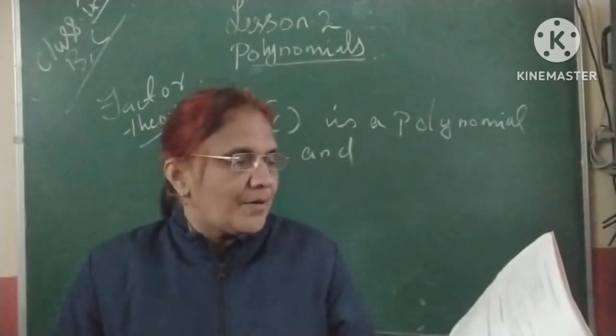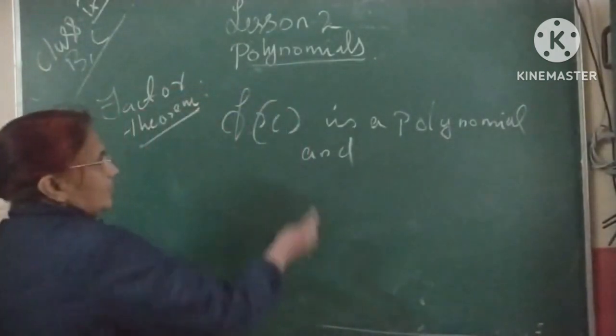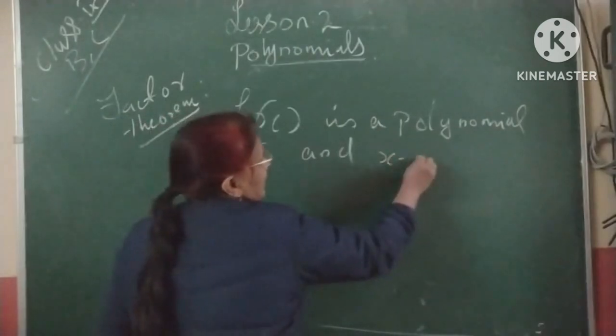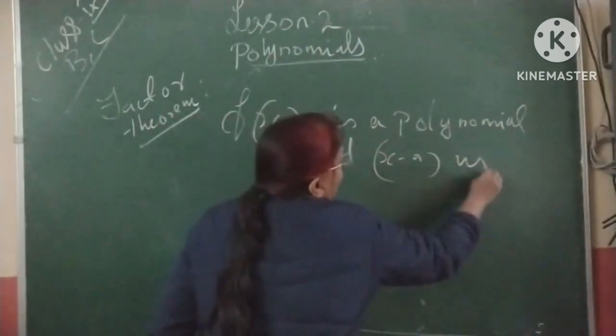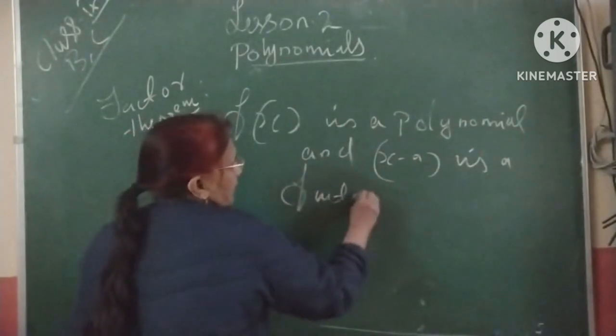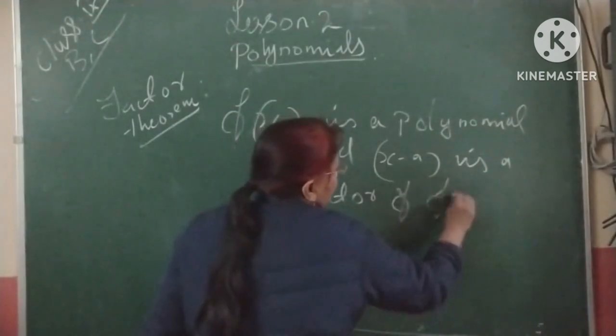Yesterday we studied the factor theorem. Factor theorem: f of x is a polynomial and x minus a is a factor of f of x.